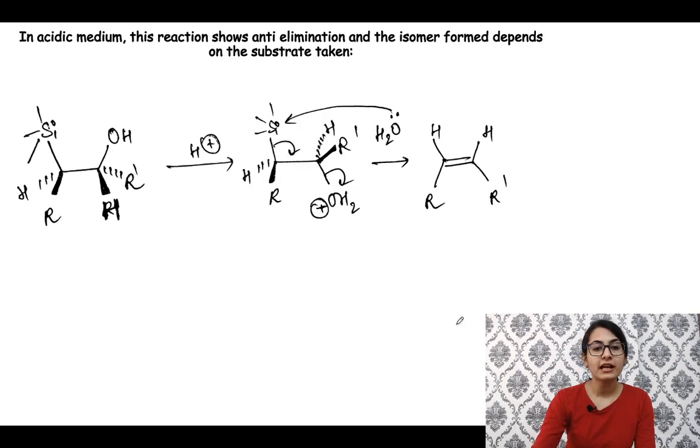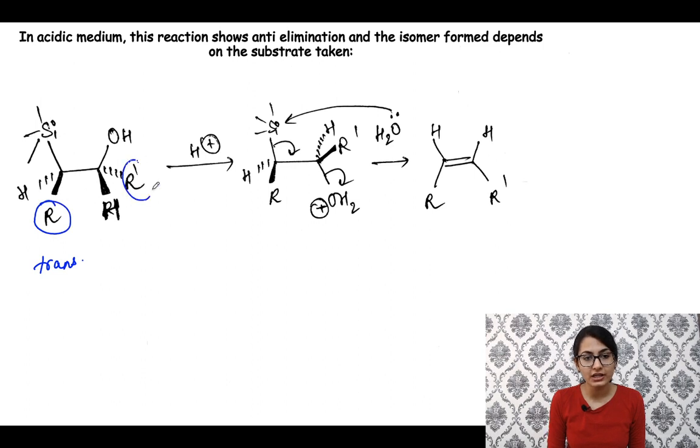Let's say we started with a trans molecule already, where the R and the R dash are on the opposite sides. So if we started with a trans molecule, or let's say a DL pair, because the previous one was a meso type, and both of these groups are on the same side, with R and R dash on the opposite sides, what is going to happen?